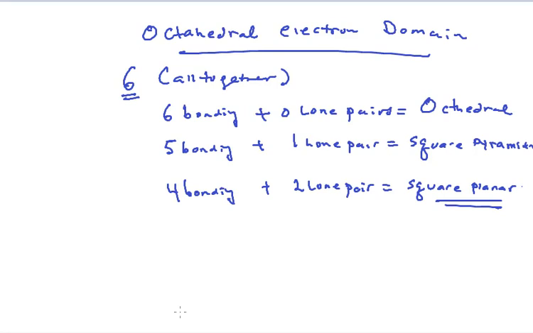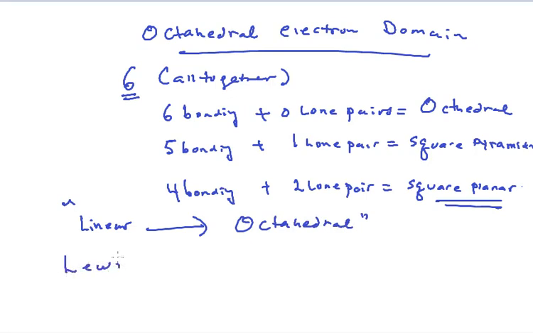So this chapter explained geometry from linear up to octahedral. The basic foundation is the Lewis structure. You start with a Lewis structure, but the Lewis structure puts everything on the same plane. It doesn't tell you how the atoms are connected or how the angles are formed. So we have to come up with VSEPR theory, the valence shell electron pair repulsion theory.